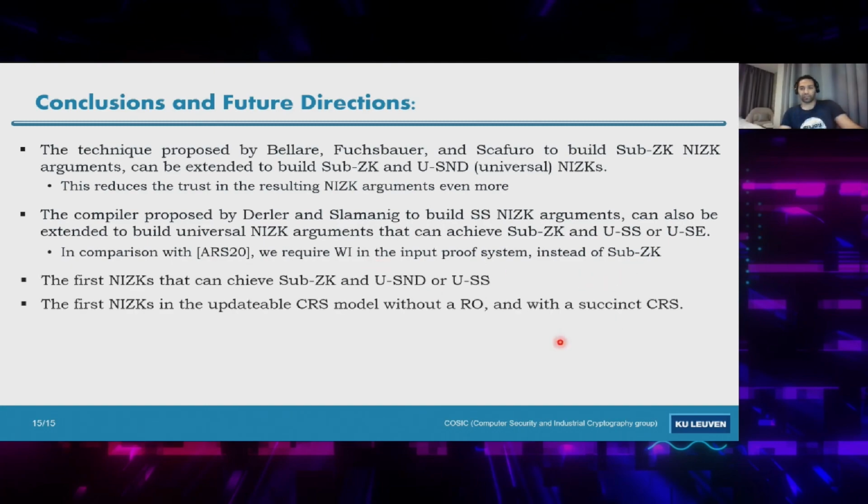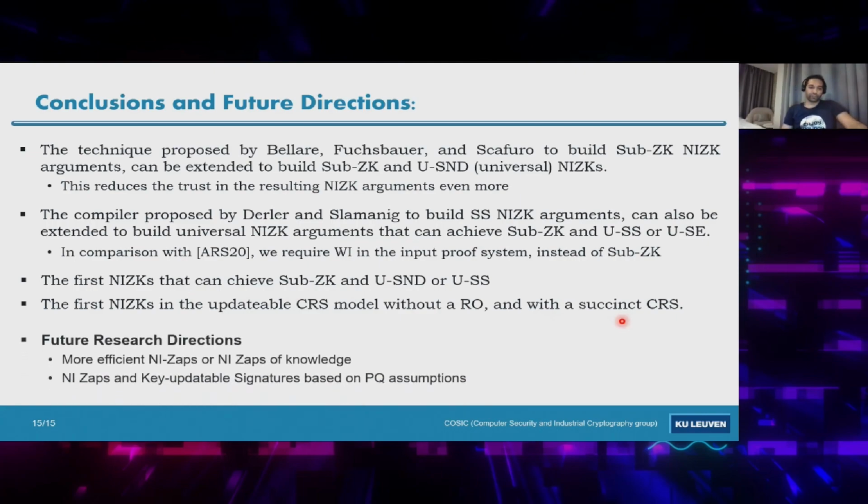But I have mentioned that, again, their proofs are succinct and our CRS is succinct. So our results get us to the first NISC that can achieve subversion range and updatable simulation soundness. And this is the first NISC argument in the updatable CRS model that doesn't use a random oracle, but has a succinct CRS. I mentioned that by now the only construction that doesn't use a random oracle had CRS of size n squared, where n is the circuit size.